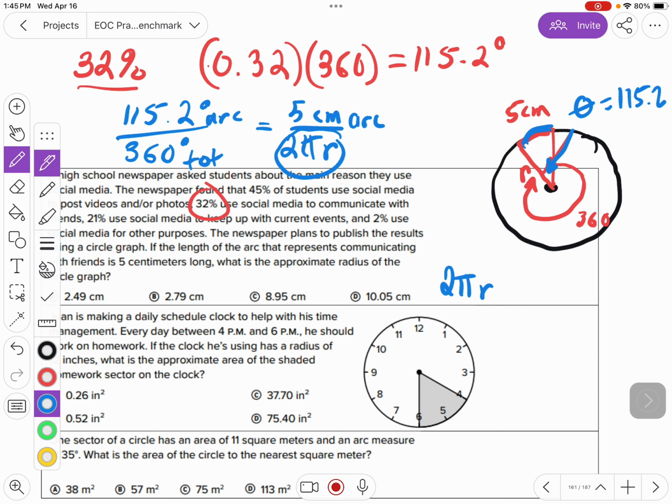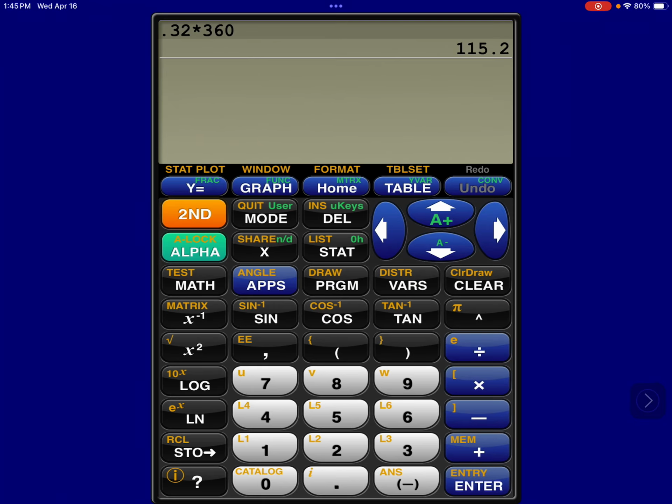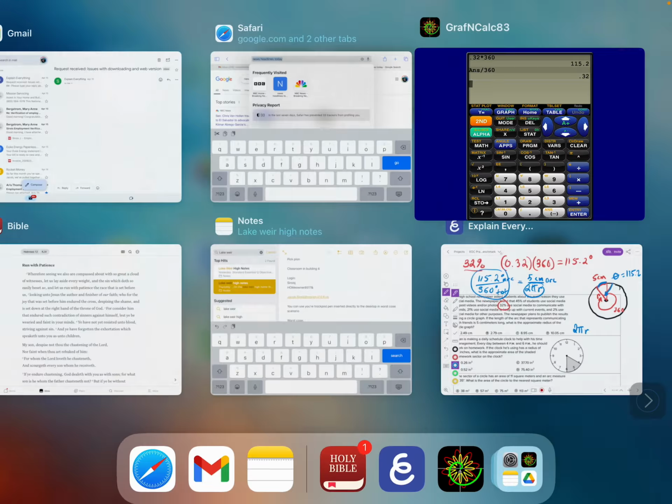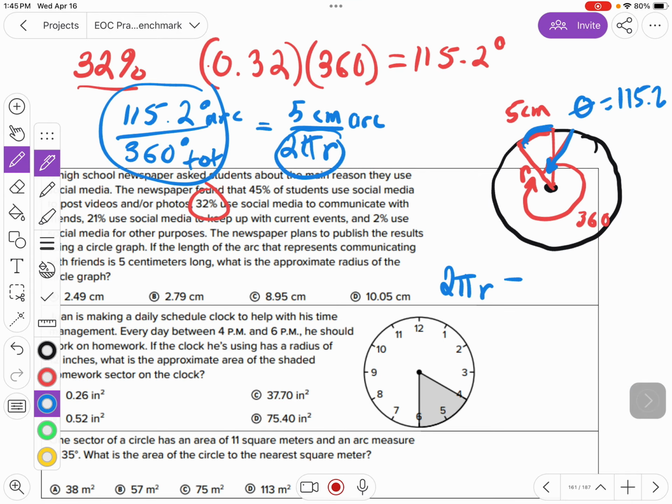And on the right, I'm going to move this ratio. 115.2 divided by 360 is 0.32. If I move that to the other side, I'm dividing by 0.32.